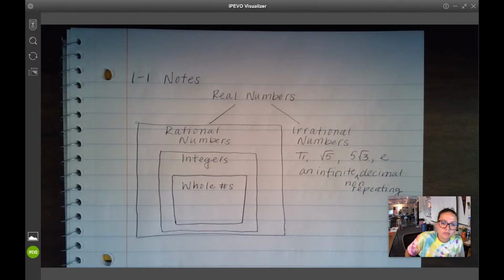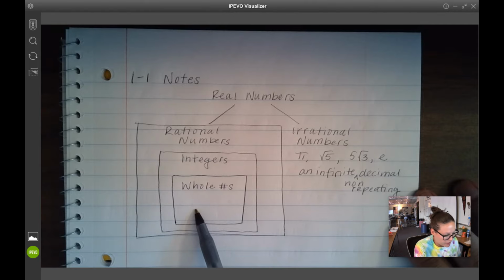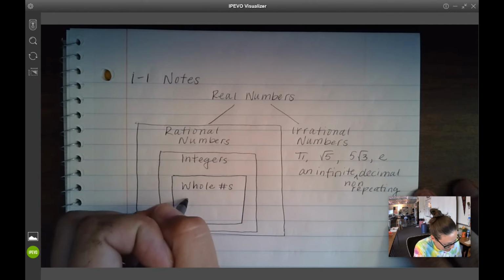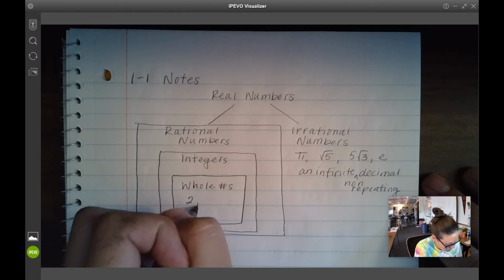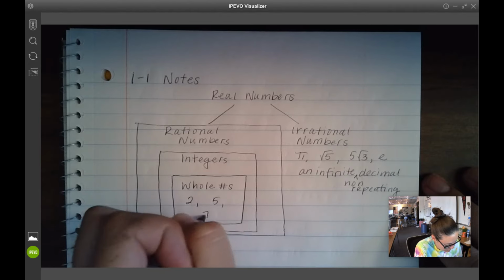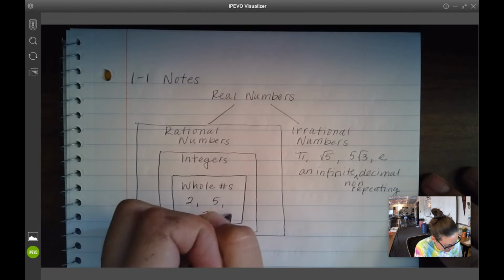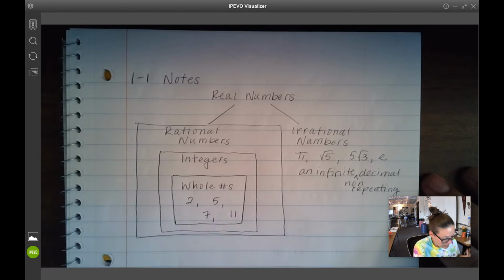You guys all know what a whole number is. Whole numbers are just like what it is, whole numbers: 2, 5, 7, 11, whatever, and 0. As soon as you want to get negative, though, that's where we have integers. So integers are positive and negative whole numbers.